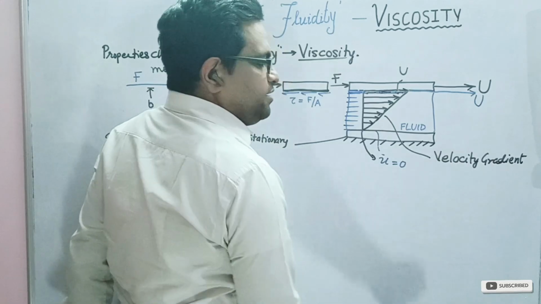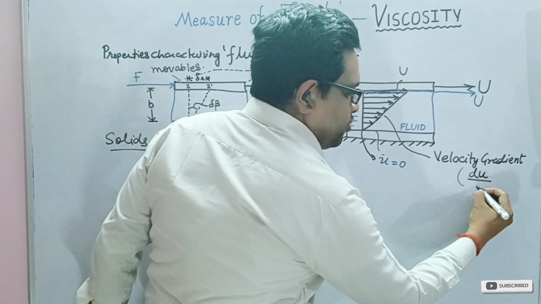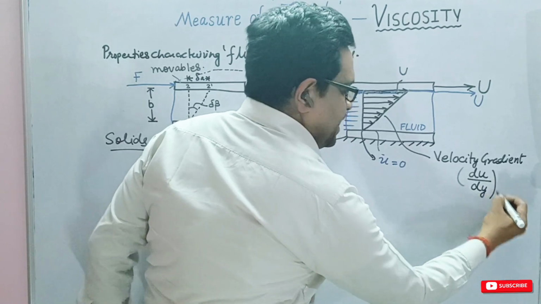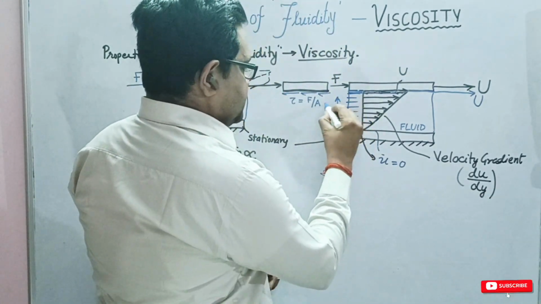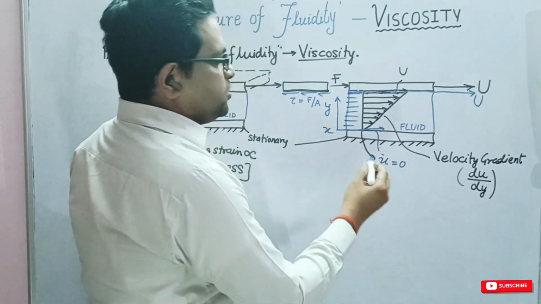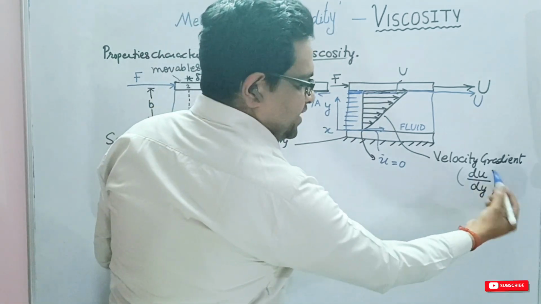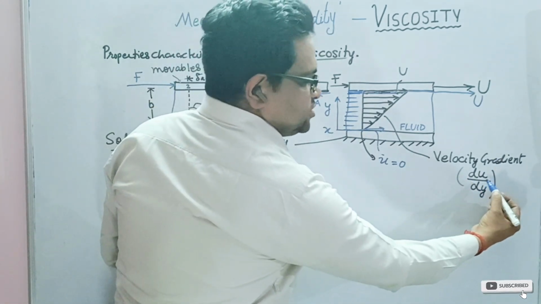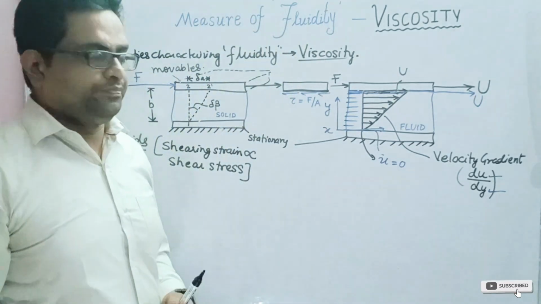This velocity gradient may be represented as the change in velocity, du upon dy, as we generally take this direction as the y-axis and this direction as the x-axis. So the velocity is changing along the y direction.